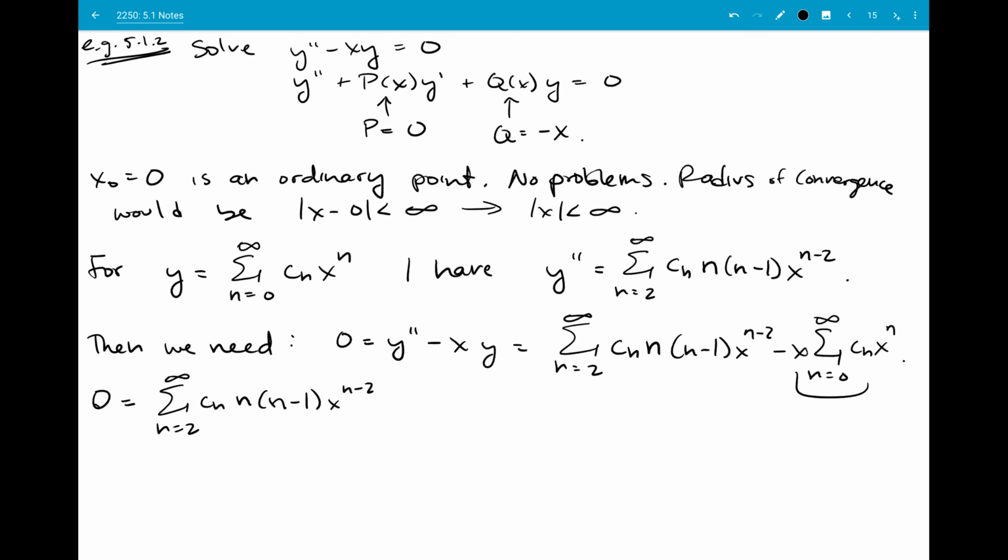So that's the sum from n equals 0 to infinity of cn x to the n plus 1. That's x times x to the n, just from pulling that x inside.